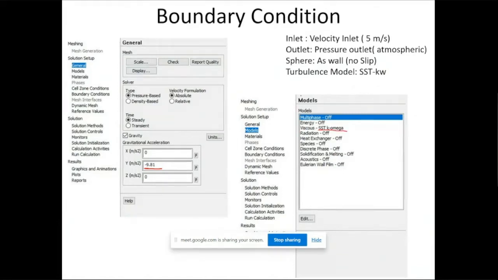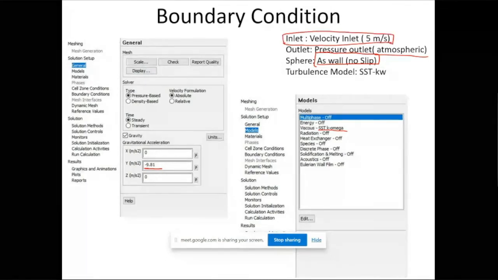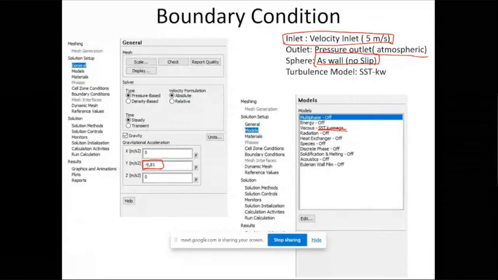We can define the inlet velocity of the air, the outlet, and the condition at the wall. These are called the boundary conditions: inlet, outlet, and wall, and what kind of turbulence model you are going to pick, and other information like whether we are allowing gravity to be incorporated or not. These boundary conditions we need to provide before starting the simulation.